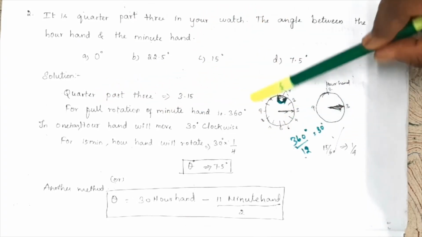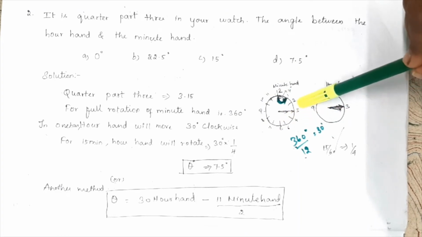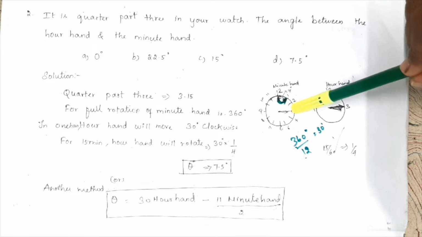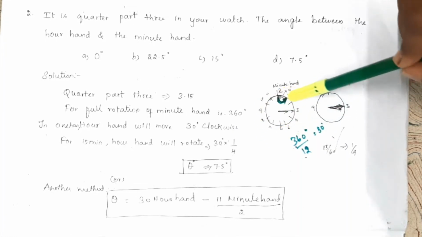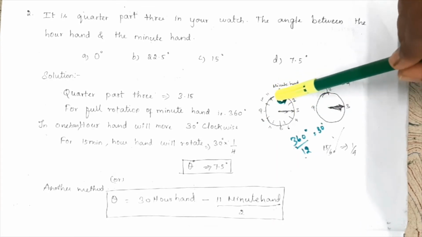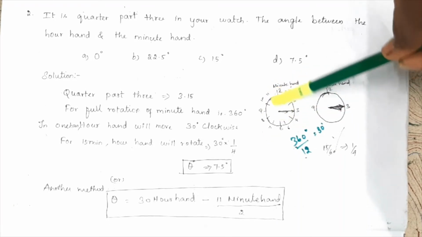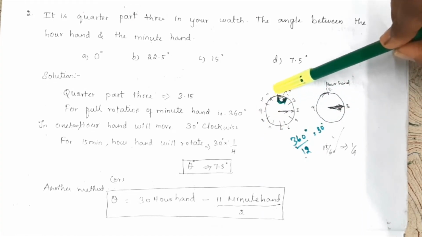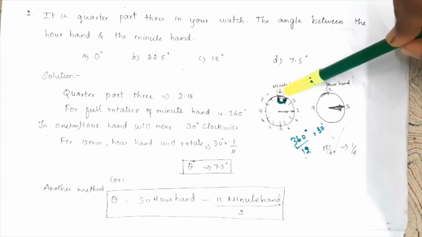So this is the clock. In a clock we have a minute hand and an hour hand. The minute hand takes 360 degree for one complete rotation. For one complete rotation of the minute hand, the hour hand will move only one part, which covers 30 degree.